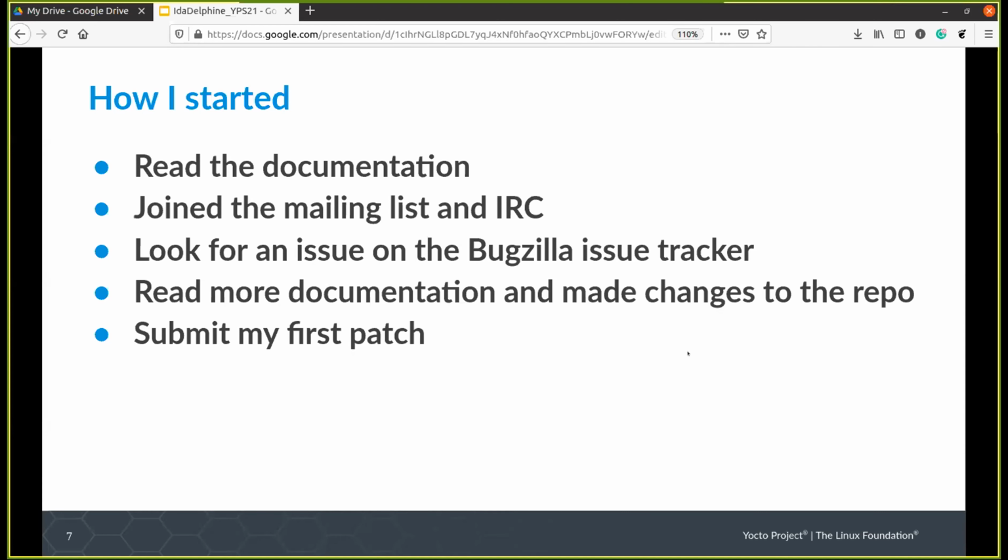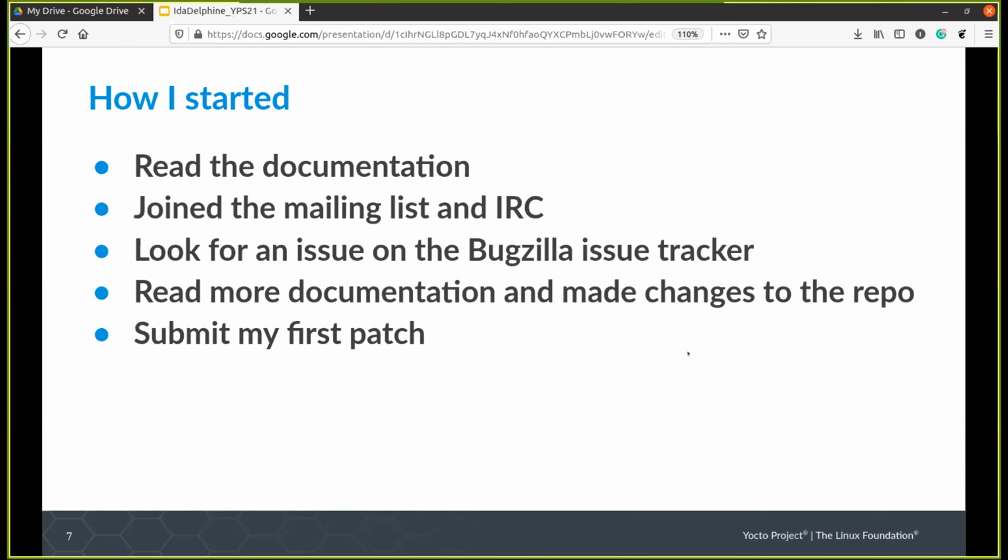And I came across this issue about adding SPDX license headers to source files. That was where I started reading about licenses, because I really had no idea what licenses were all about and why they were such a huge deal when it comes to open source projects. So that was how I started reading about licenses and SPDX.